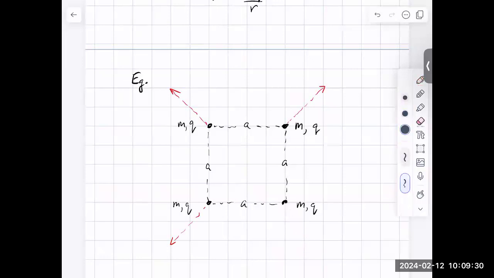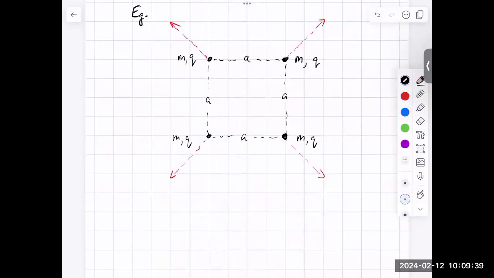This is not a long diagonal. Here's the diagonal here. Okay, so I'll write down the statement of the problem and then we'll try to tackle it.